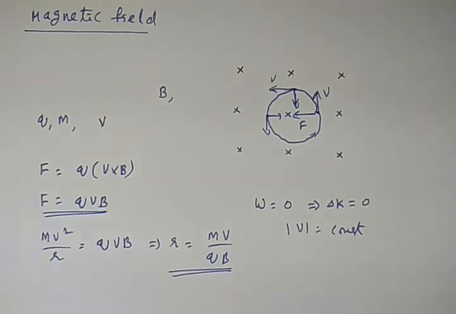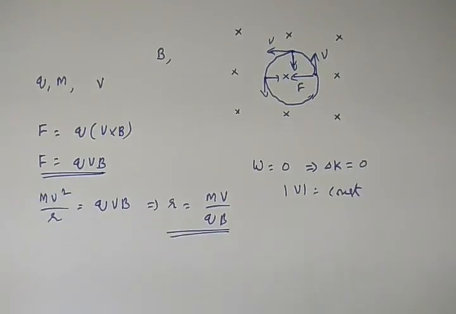And whenever a body is moving in a circular path with a uniform speed, we know that its angular frequency is given by v by r. So v by r equals q B by m. So this is your angular frequency.